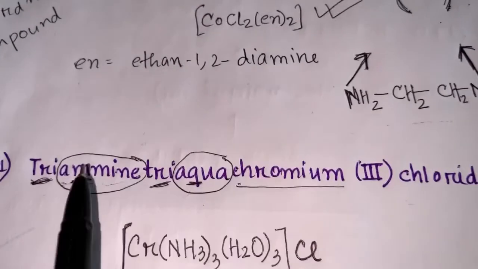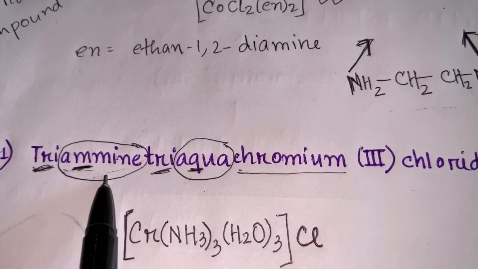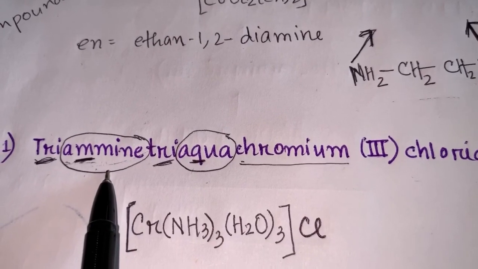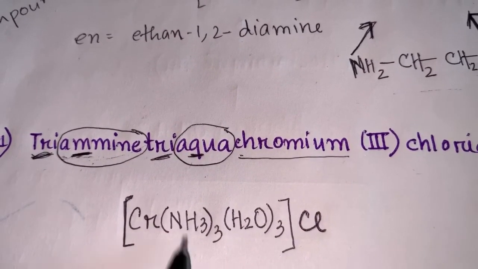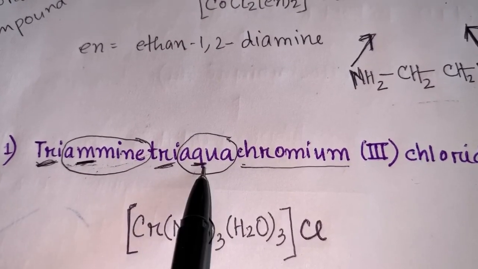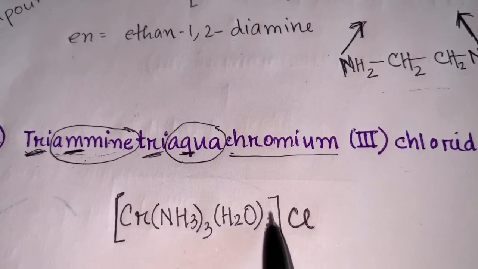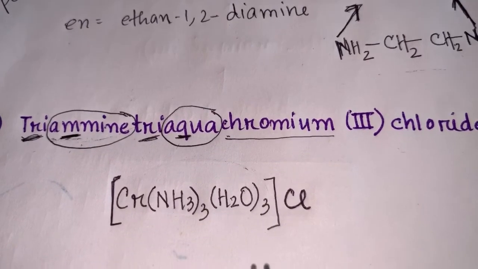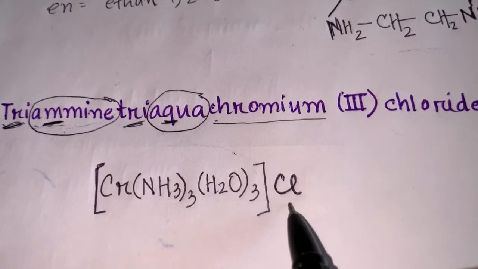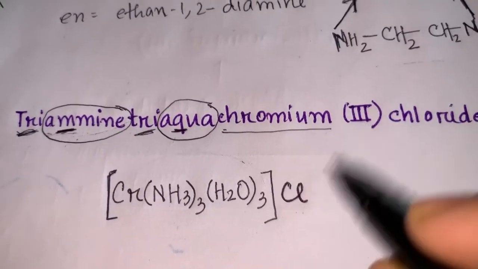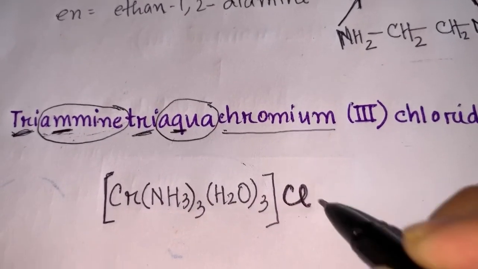Like ammonia is having zero charge because it is a neutral compound. Water is also having zero charge, so the net charge of this coordination entity will be +3. So in order to balance, we require 3 chloride ions outside.